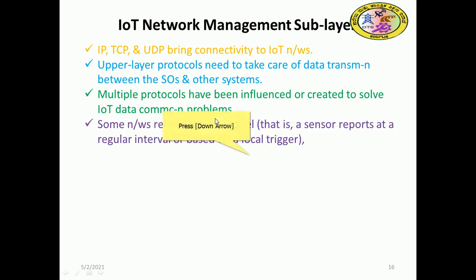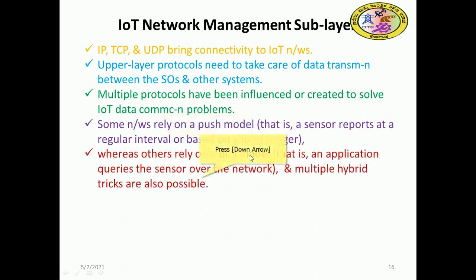So some networks depend on the push model, so that is the sensor reports at a regular interval based on a local trigger. Whereas others rely on the pull model, that is the application queries the sensor over the network. So a query will be put to the sensor, so that will provide the network.